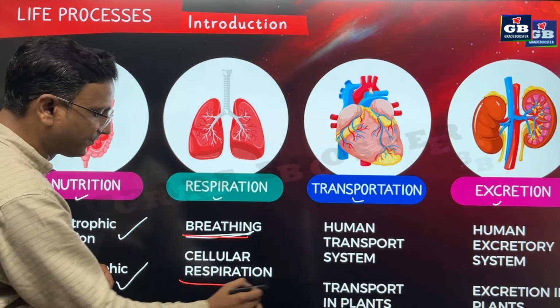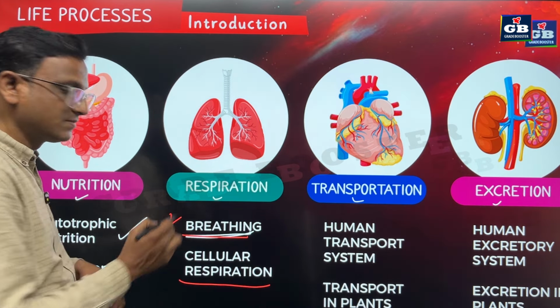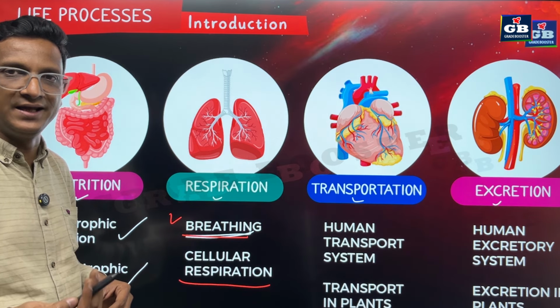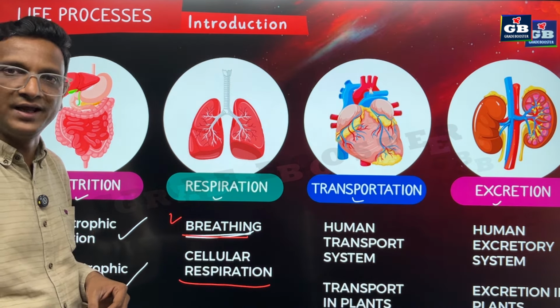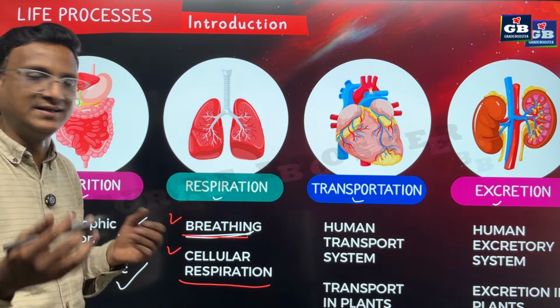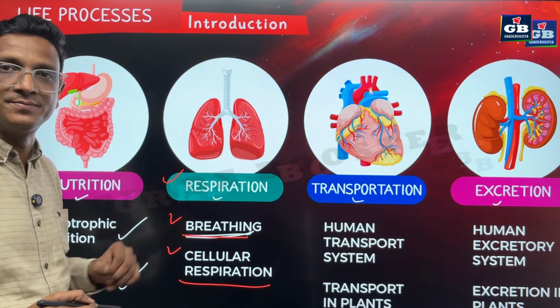Breathing means intake and release of air, inhalation and exhalation. Cellular respiration means release of energy from the molecules inside the cell. We are going to study these two under respiration.